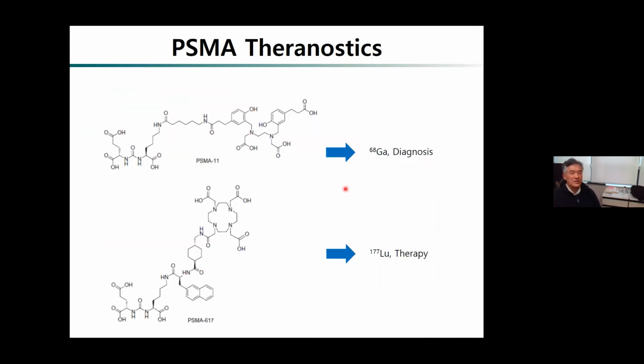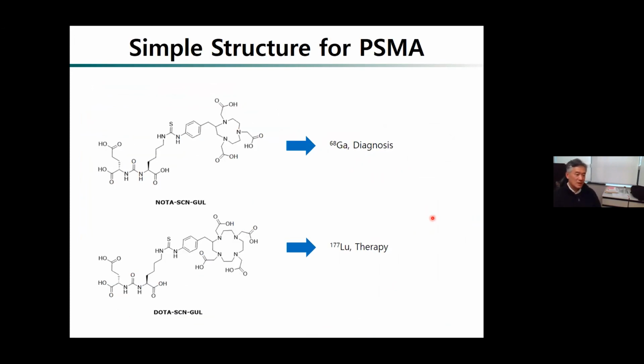So just like the gallium and lutetium combination in neuroendocrine tumors, prostate cancer treatment can use gallium for diagnosis and lutetium for therapy. That is the combination of theranostics.